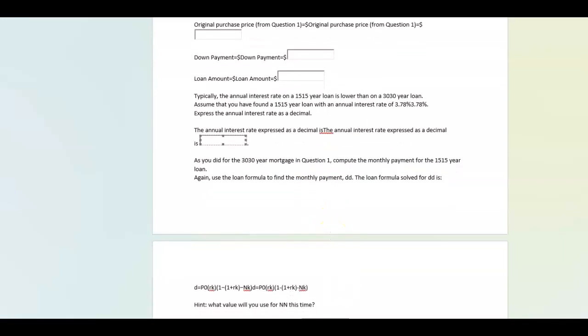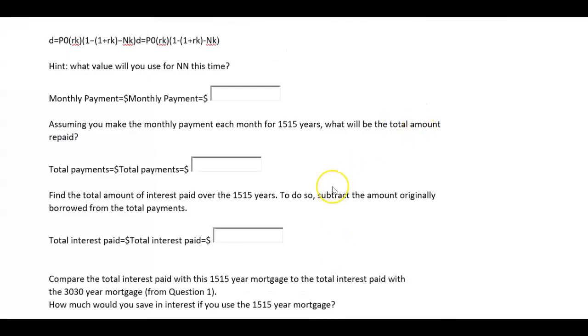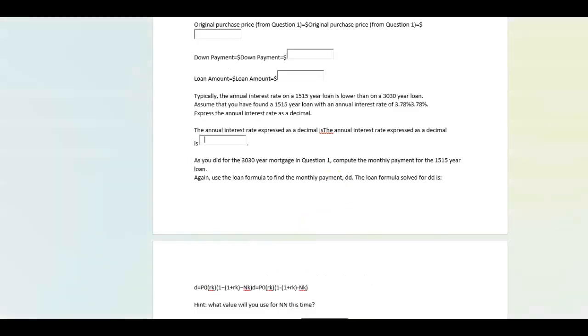Okay, now we're going to look at this part. Let's just remember the different values.